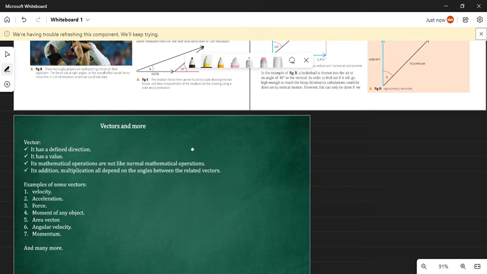Okay, at first we have to know quantity. Quantity means the things that can be measured in our day-to-day life, or the things that are surrounding us that can be measured, are known as quantity. Okay, quantity, if we write like this, quantity, it can be measured.